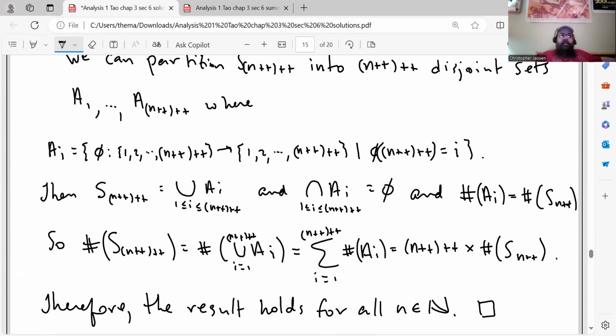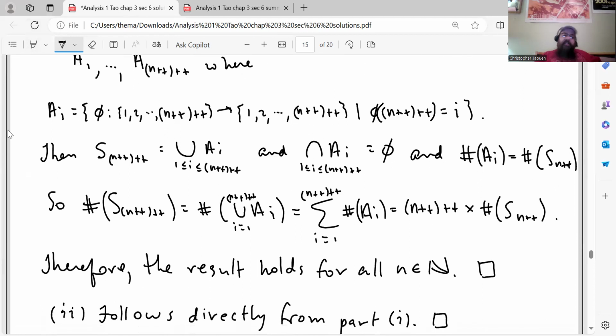Then S sub the successor of n is the union of the AIs, and the intersections are all empty, and the cardinality of A sub I obviously is the cardinality of S sub the successor of n. So the cardinality of S sub the successor of n is equal to the cardinality of the union of the AIs, where I goes from 1 to the successor of n, which is equal to the sum of the cardinalities of the AIs.